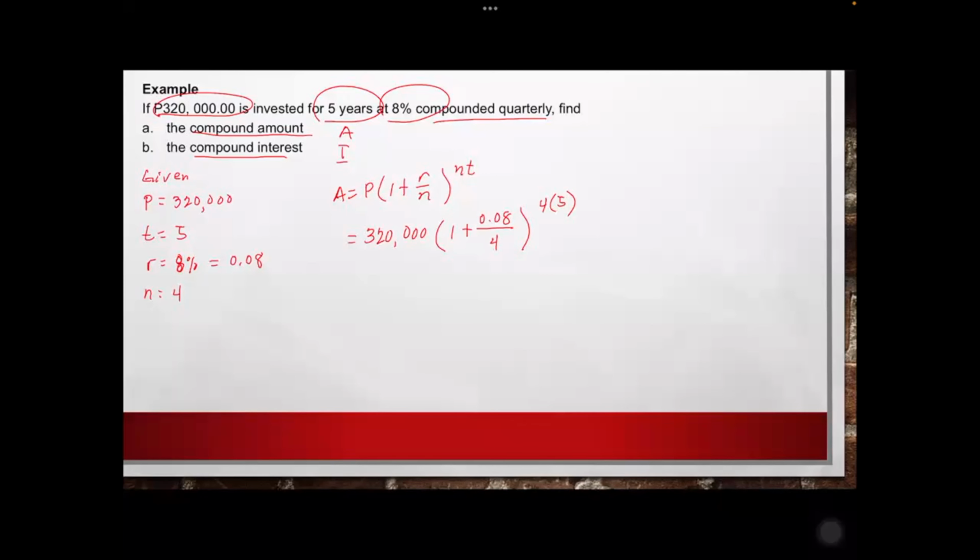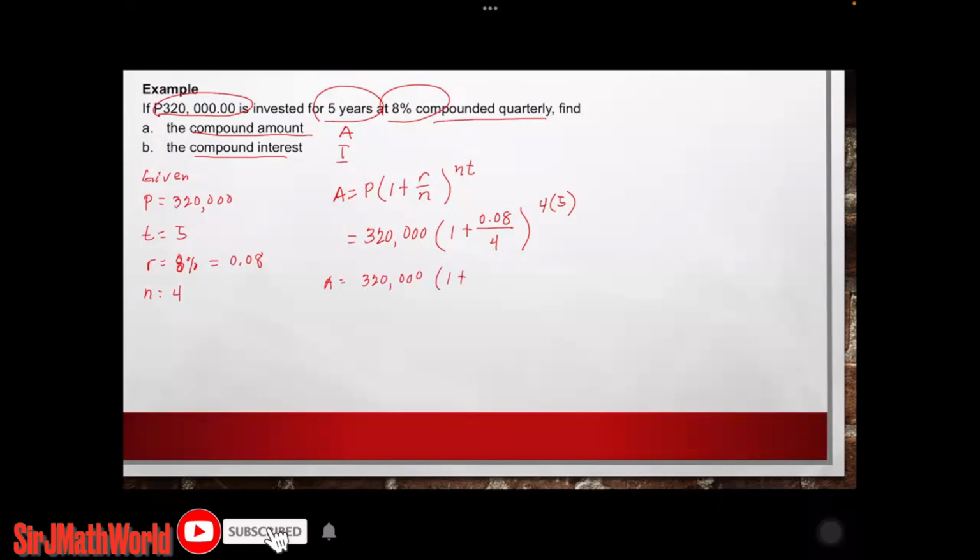Okay, so let's have letter A is equal to 320,000 times 1 plus, paki-divide po ang 0.08 divided by 4. What's the answer? Yes, Johan. 0.02 po.